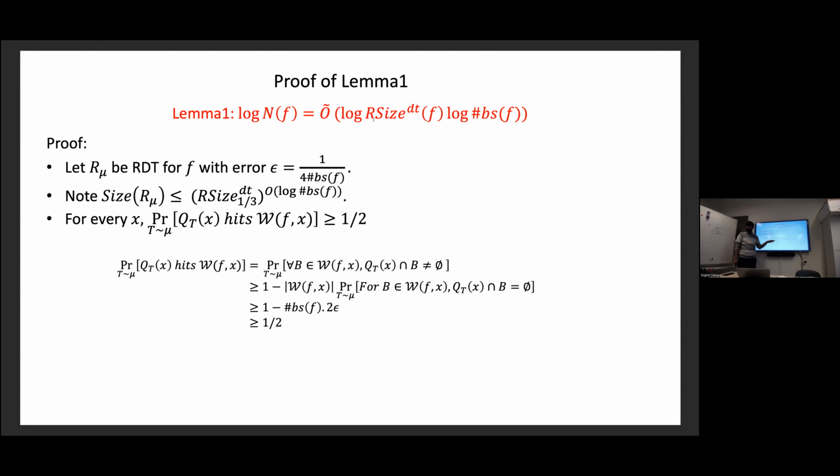In your randomized decision tree, the error parameter is 1 by block number, right? But if you hit each sensitive block, you're essentially creating a certificate. So the leaf corresponding to that and the subcube corresponding to that will be a monochromatic subcube.